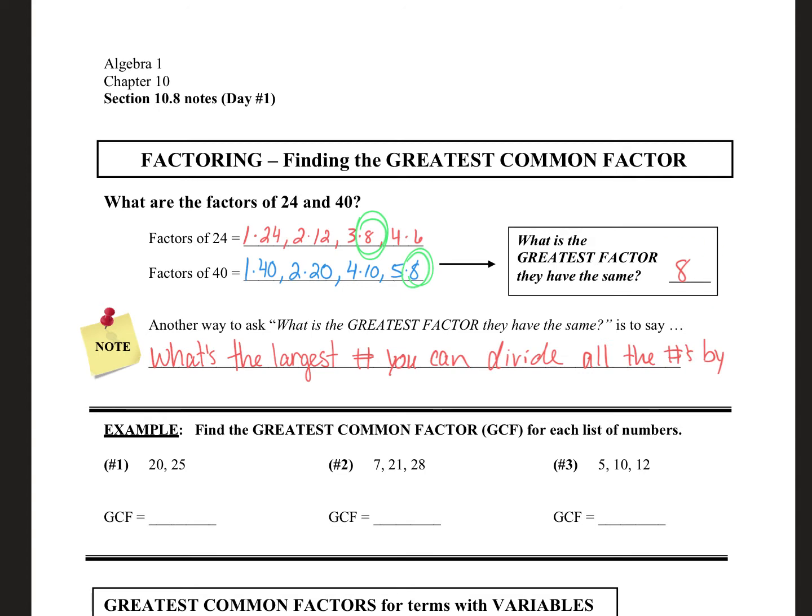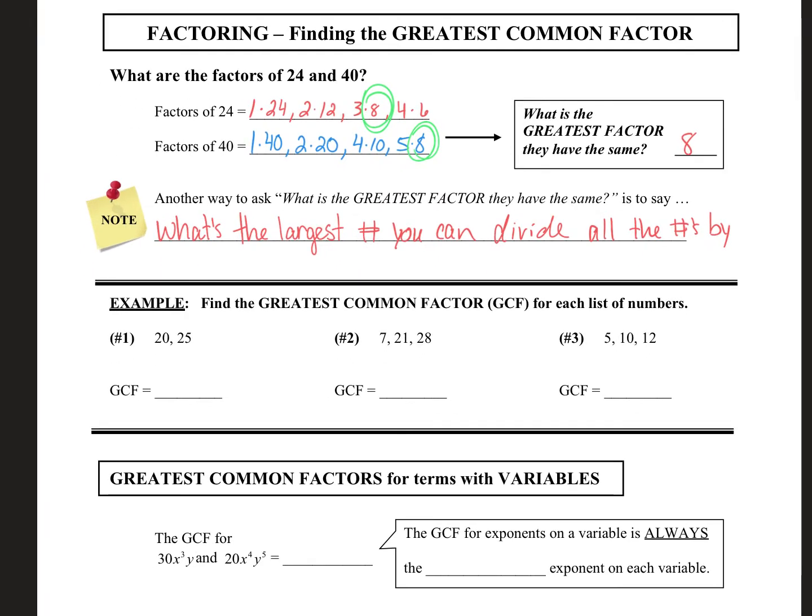So now that we have an idea of what a greatest common factor is, we're going to take a few examples here in practice. Find the greatest common factor. It's also commonly called the GCF, just a shorthand way of saying it, for the list of numbers. We can do a similar strategy to what we did before and list each factor for each of these numbers.